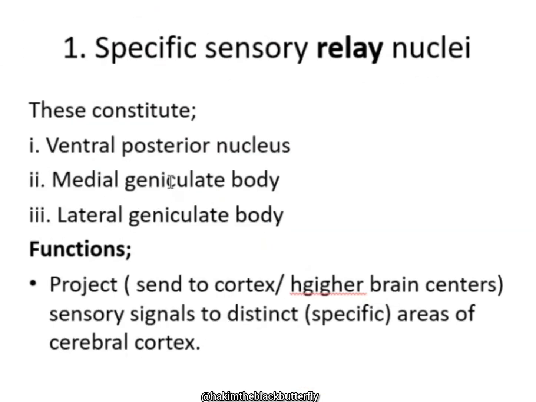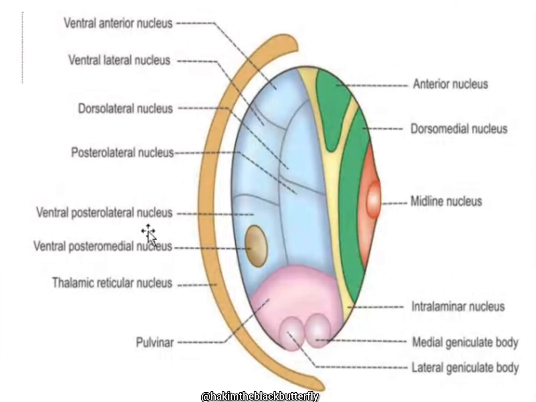The medial geniculate body and lateral geniculate body, which group of nuclei do they fall under? Medial, lateral, or posterior? It's posterior. Because when you go back and you see, the medial geniculate body is there, lateral geniculate body is there. They are in the posterior group of nuclei.